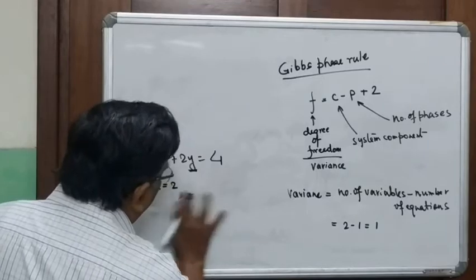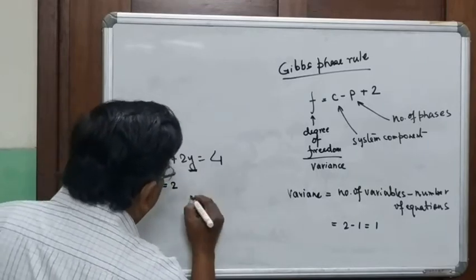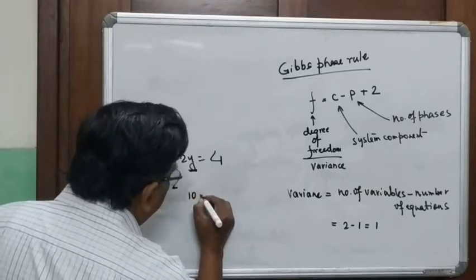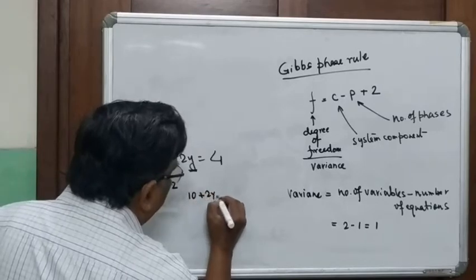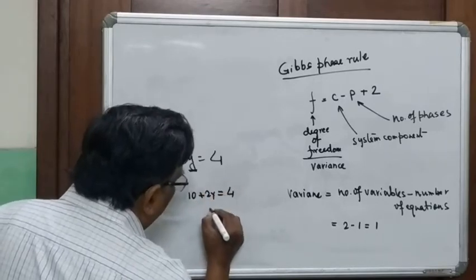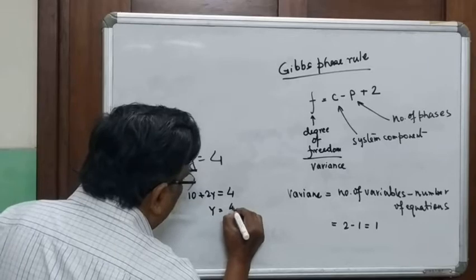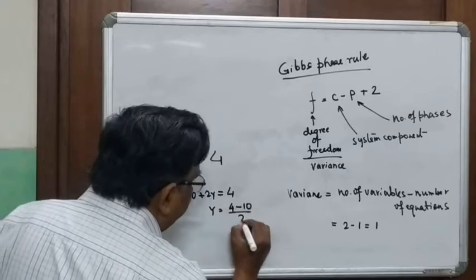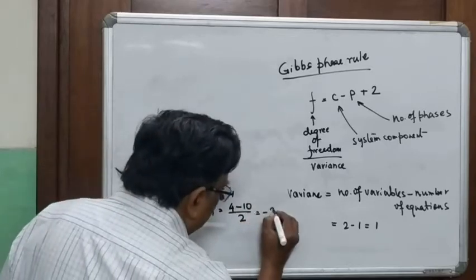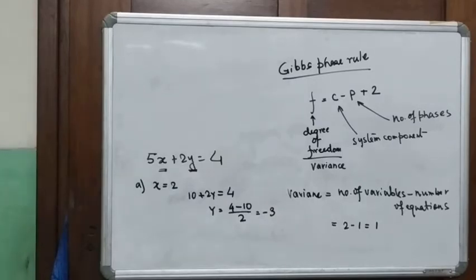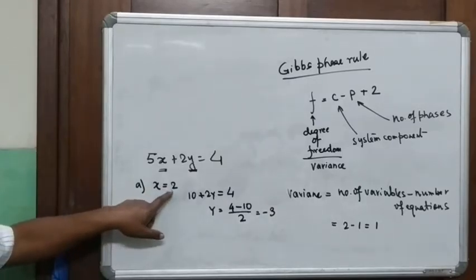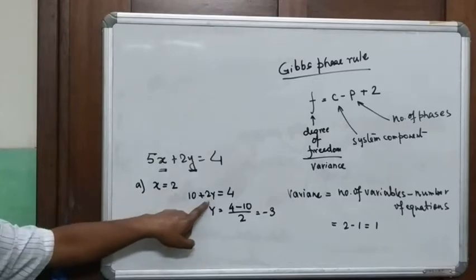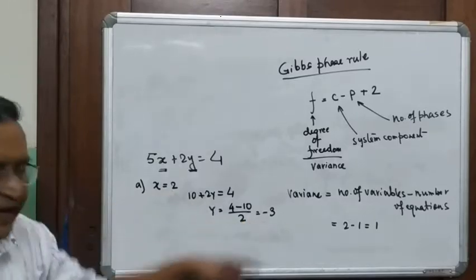So in this expression, I will have 10 plus 2y is equal to 4, which means y is equal to (4 minus 10) divided by 2, that is minus 3. That is the value if x is equal to 2.